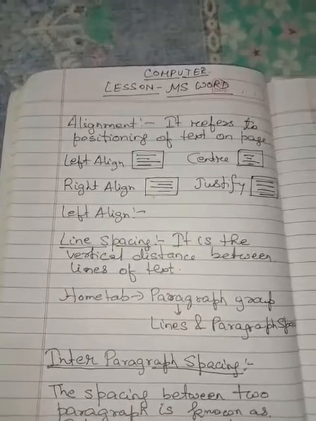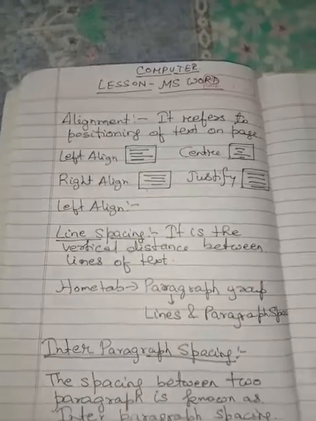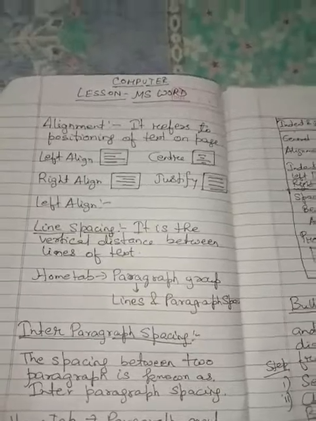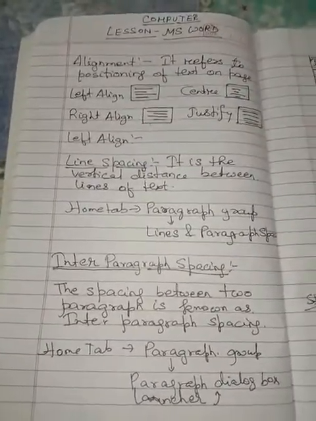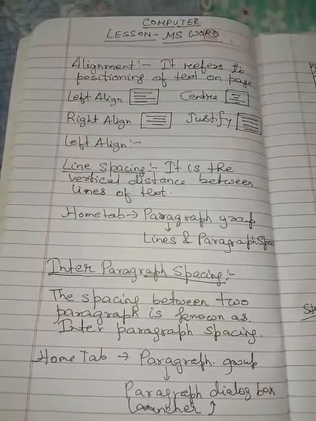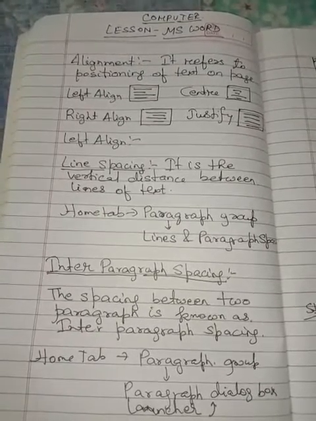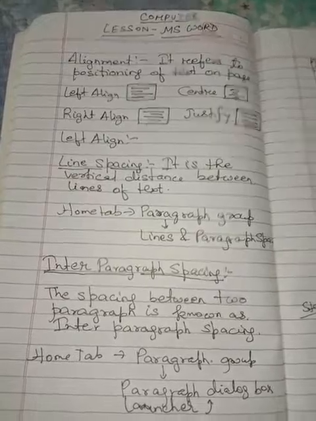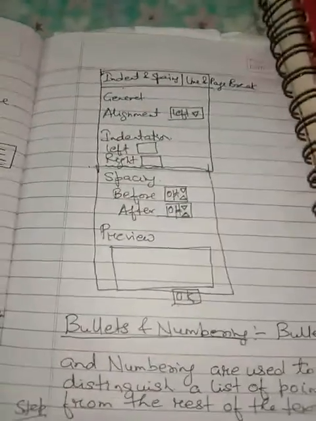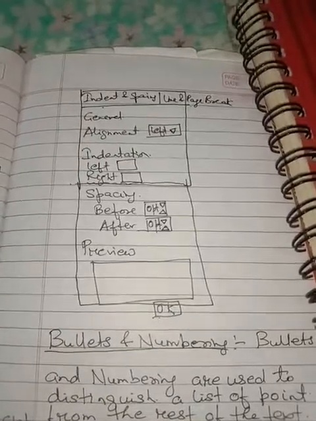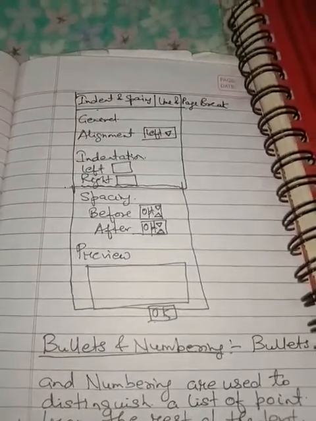What is line spacing? How can we apply the line spacing? What is inter-paragraph spacing? How can we apply the inter-paragraph spacing? What are the steps required to give space between 2 paragraphs? I have tried to explain this topic with the help of a diagram.